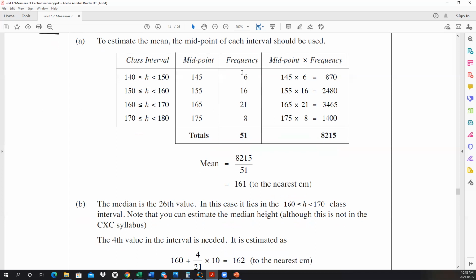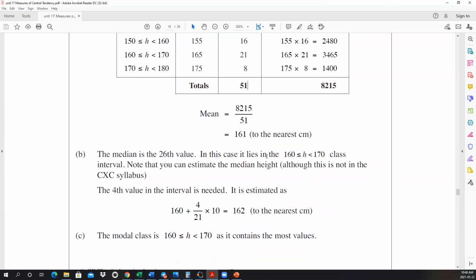And if you look here, this right here would give you 6 and 16, gives 22. So you know that there's 4 more, and you're landing at 26. So the 26th value must be in this class interval, 160 to 170, right?